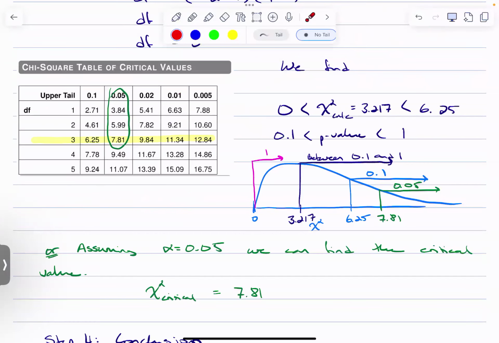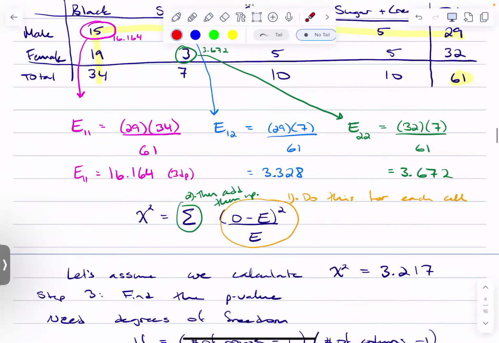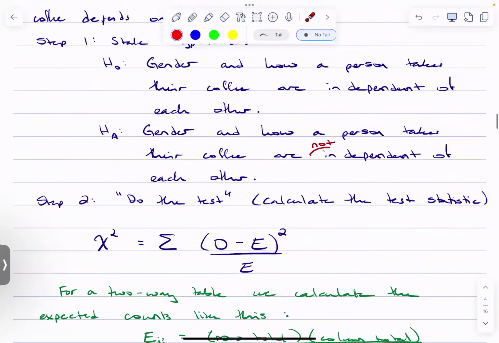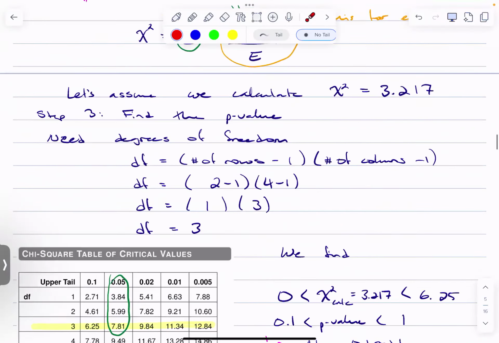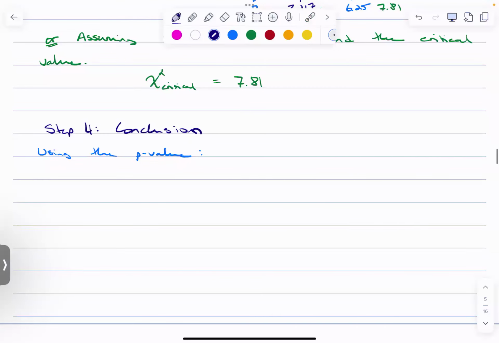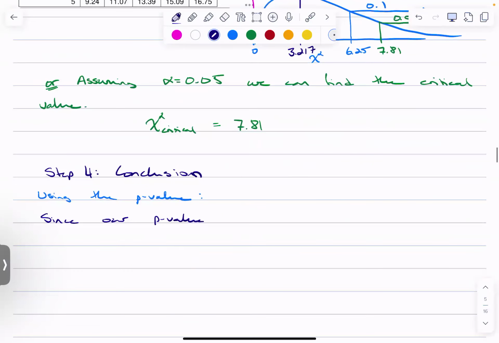Which means that gender and how a person takes their coffee are independent of each other, because I don't have enough evidence to reject this. So let's state that. Since our p-value is between, I guess I only have a range, is between 0.1 and 1.